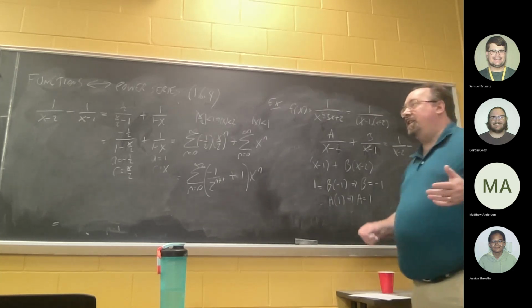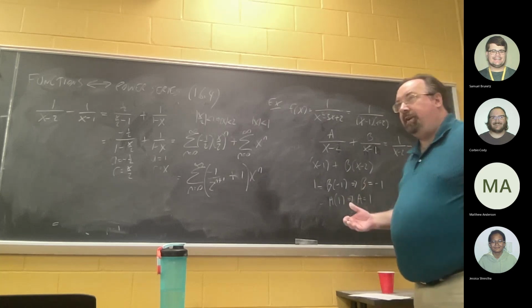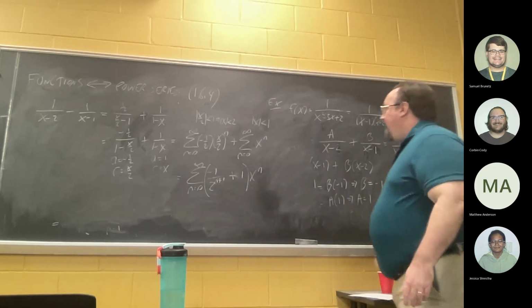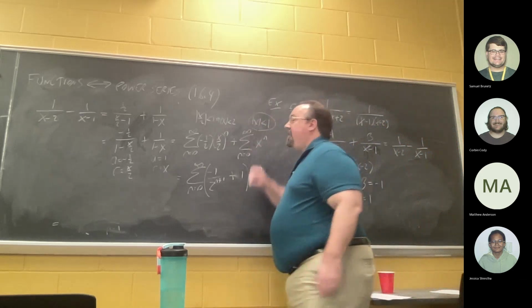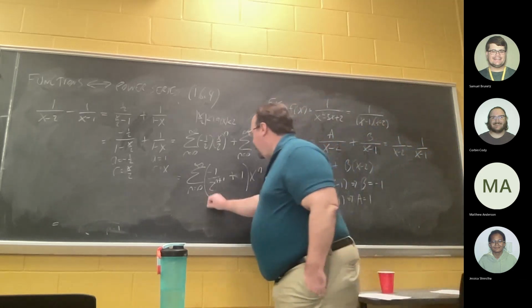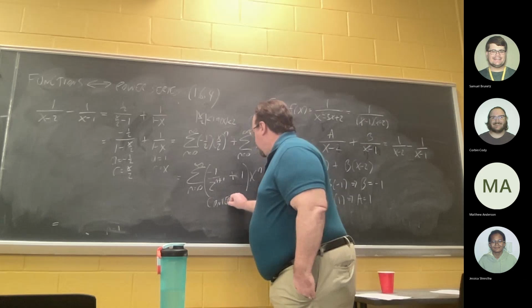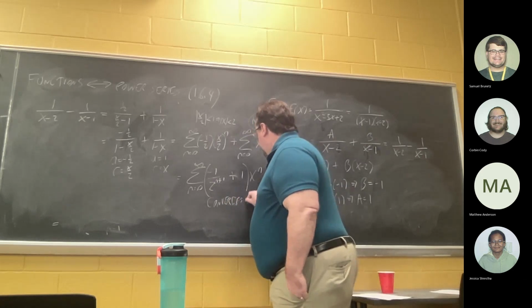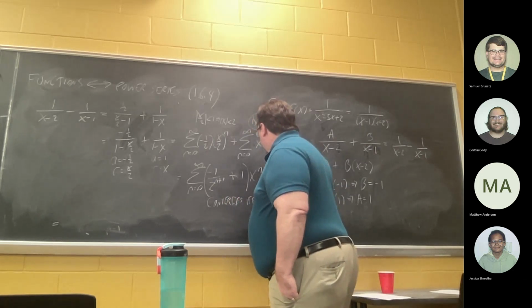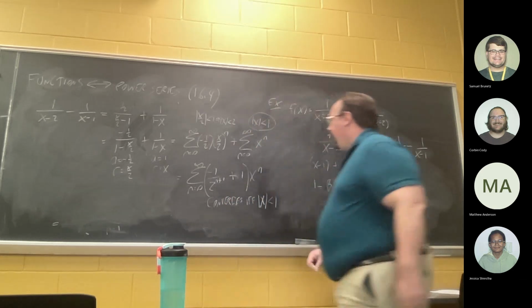If one converges and the other doesn't, the sum will diverge. So we have to use a more stringent condition. So this converges if and only if the absolute value of x is less than 1.